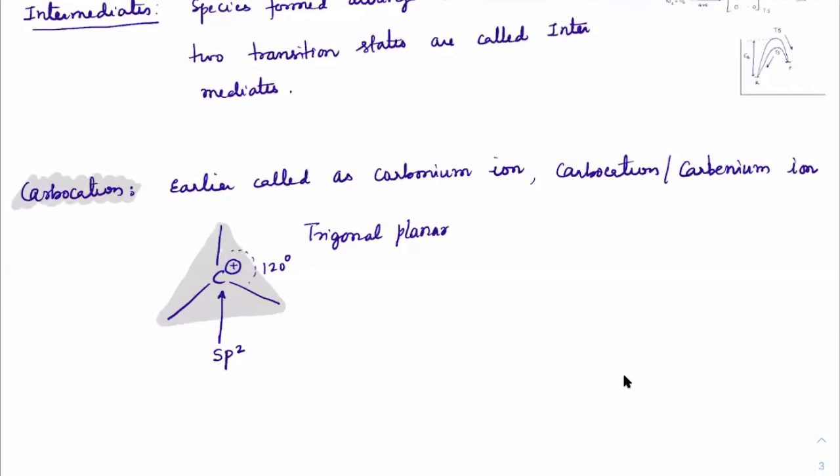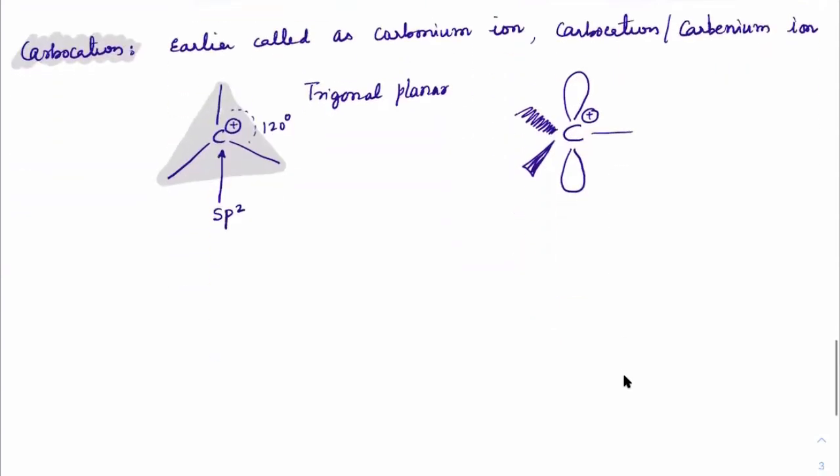Now if you write that in the form of an orbital, how does it look? One bond is going inside, one bond is coming outside here, and one bond is present on this plane, with the p orbital present on this plane, which is empty. So this is the carbocation representation. Okay, everyone.